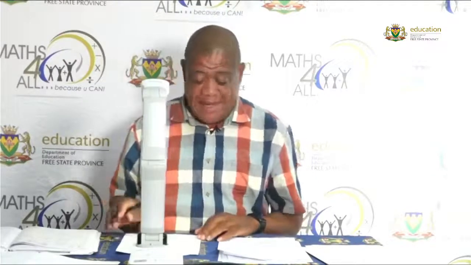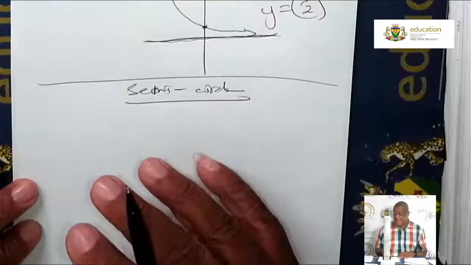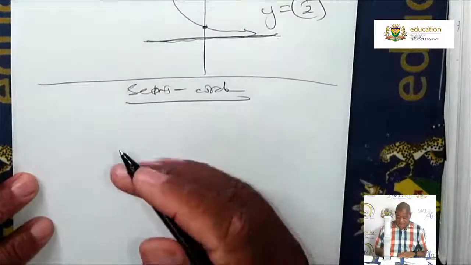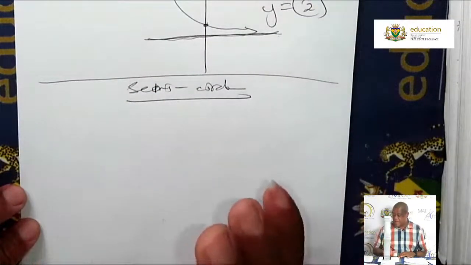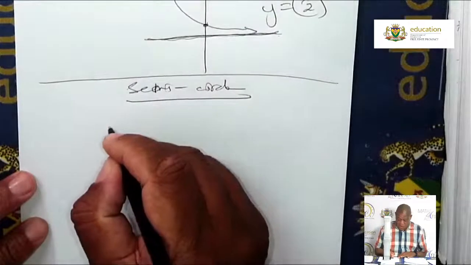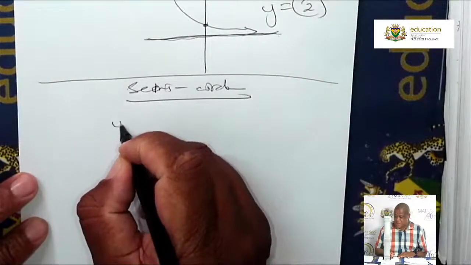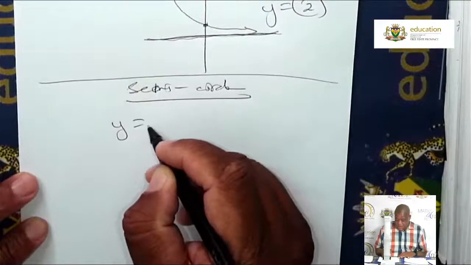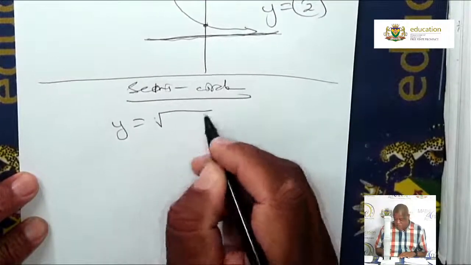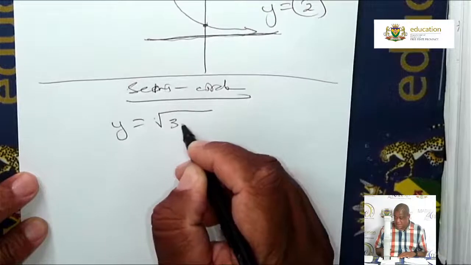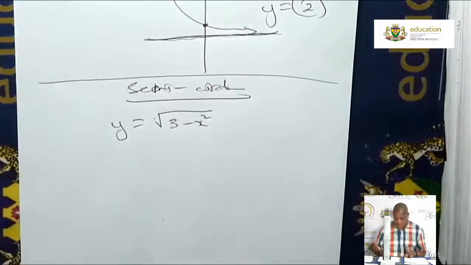On our semicircle, of course, we understand that it's half of a circle, but we're only taking either the top part or the part that appears below. The equation of that will be in the form y is equal to, let's assume, y is equal to a positive square root of 3 minus x squared.